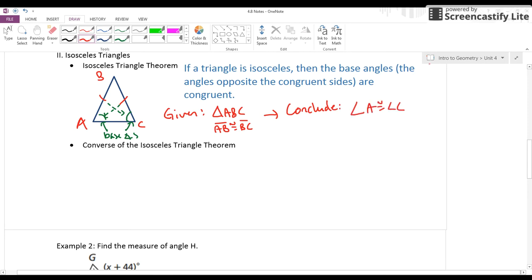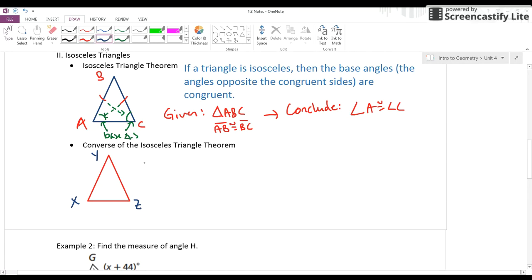Okay. The converse of the isosceles triangle theorem is basically the opposite. We could be given any old triangle here, and the opposite of the isosceles triangle theorem works here. So basically, if you have two base angles that are congruent, then we have an isosceles triangle.